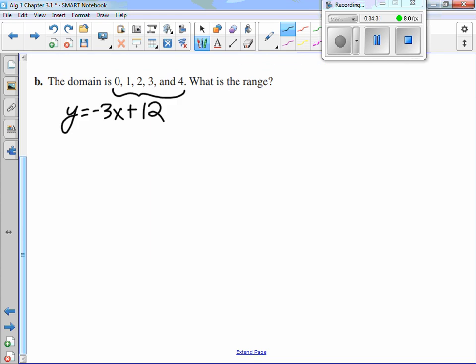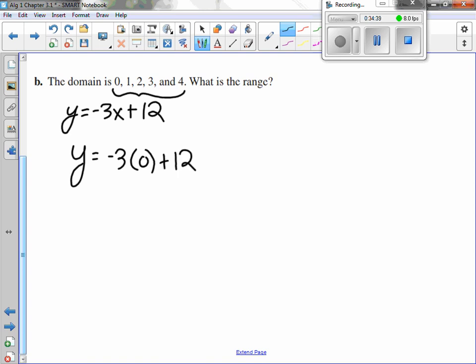So what we're going to do here is plug each one of these values in. The first one we can plug in is 0. At this point, if we want to, we can type this into a calculator, or we can do this by hand. So negative 3 times 0 is 0.